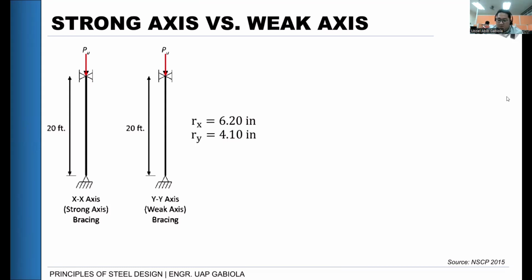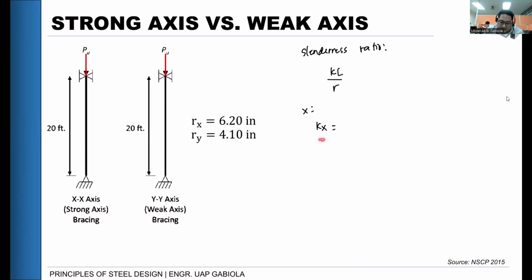So, kunin natin yung slenderness ratio natin. Okay? Again, slenderness ratio natin, ang formula natin is KL/R. Okay? So, for X, yung x-axis muna natin, ano yung magiging value ng Kx natin? K, ibig sabihin, ano yung effective length factor natin?